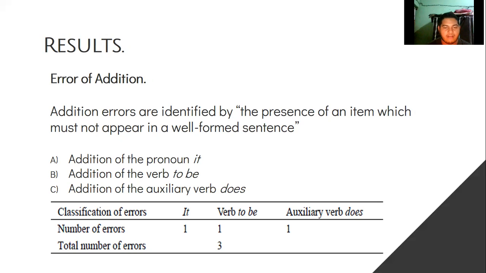In addition of the auxiliary verb does. The auxiliary verb does is maybe confused at the moment of using double H words that are almost always used in double H questions. The sentence could be "knowing what it means," which is the correct form, but we are accustomed to using the auxiliary does or do with the verb in questions.